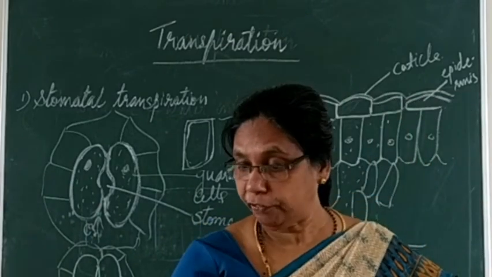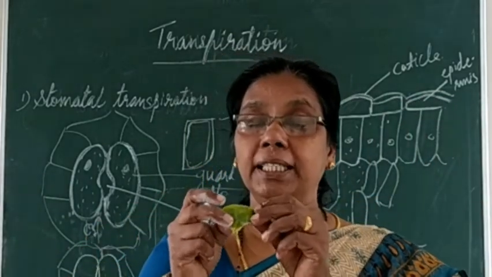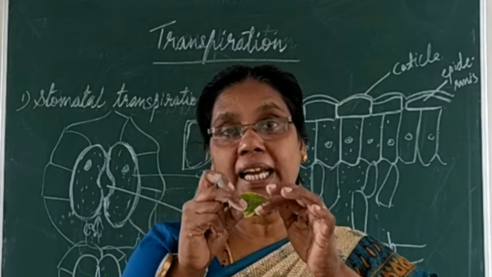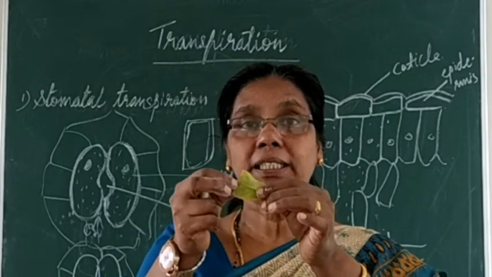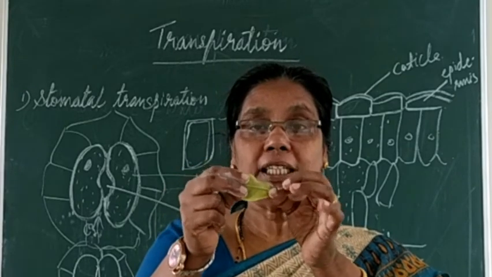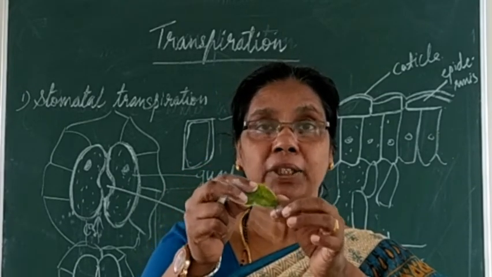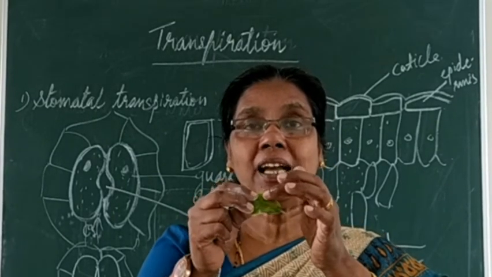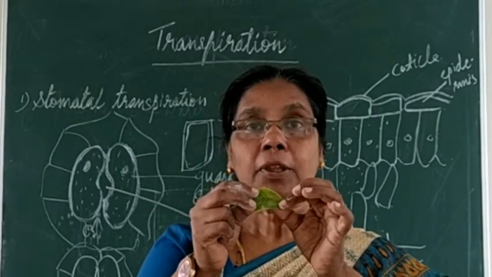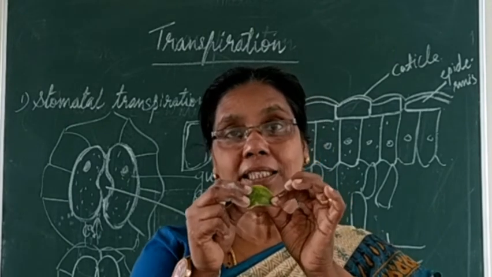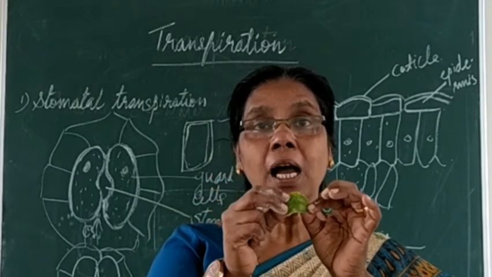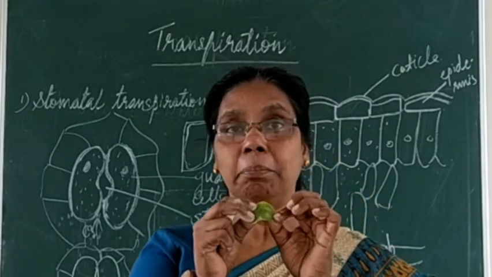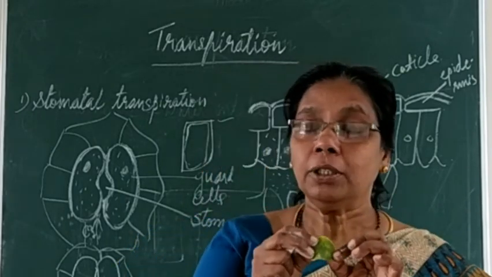See here the leaf, when you are looking, you can see that on the upper surface it is a somewhat shiny structure, whereas on the lower surface it is not there. See the upper surface, you can examine it by yourself. Why does the upper surface have that shiny structure? Because of the waxy substance present on the upper epidermis of the leaf, and that structure is nothing but the cuticle.